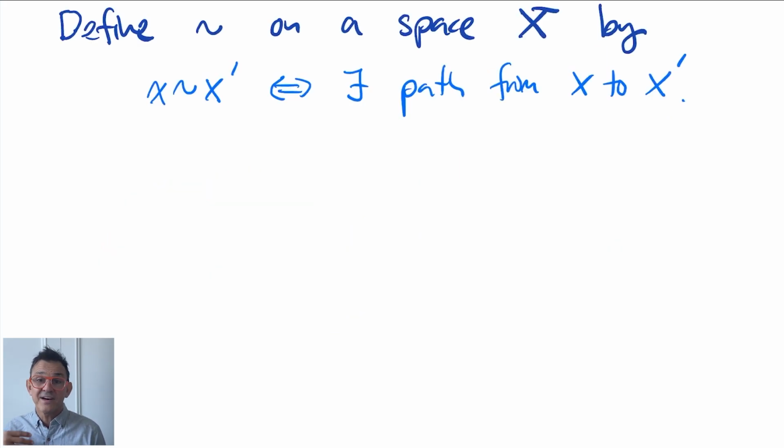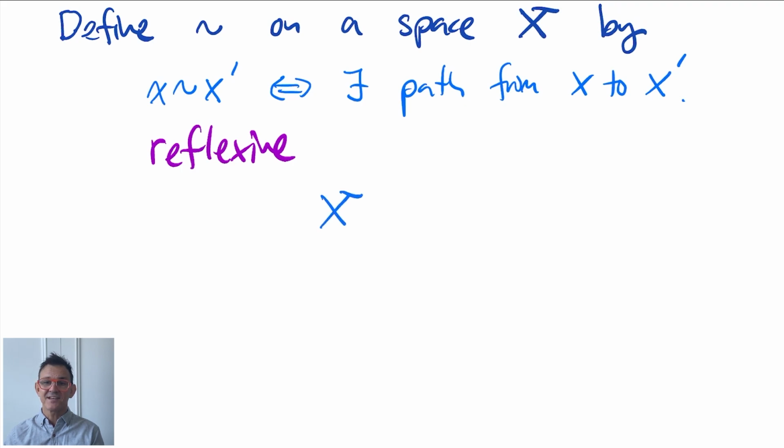Now, we can define a relation on a topological space X by saying that a point x is related to a point x prime if there's a path from x to x prime. This relation is reflexive, since for any point x in a space, the constant map from the interval to x is continuous, and so defines a path from the point x to itself.